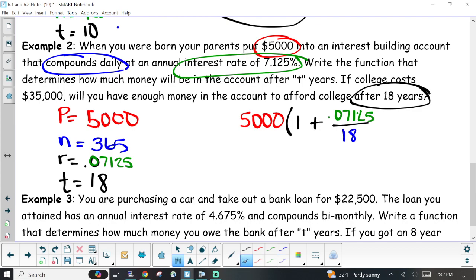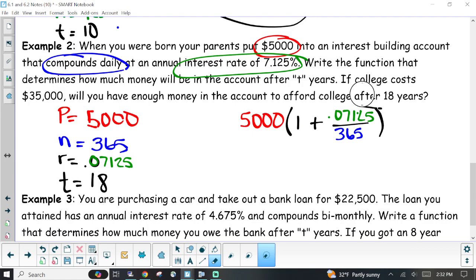Oh wait, 365. Whoops. Careful. So guys, remember n is 365. I almost put the wrong thing in the wrong spot. And then n times t is the exponent. Again, I have to multiply 365 times 18. I'm going to do that in the calculator, and then I'm going to write that as my exponent, because n times t is always the exponent.